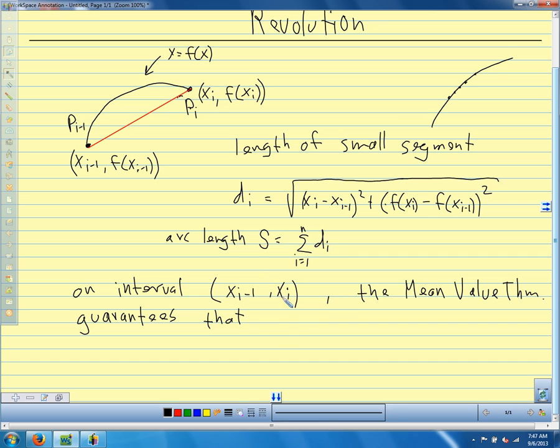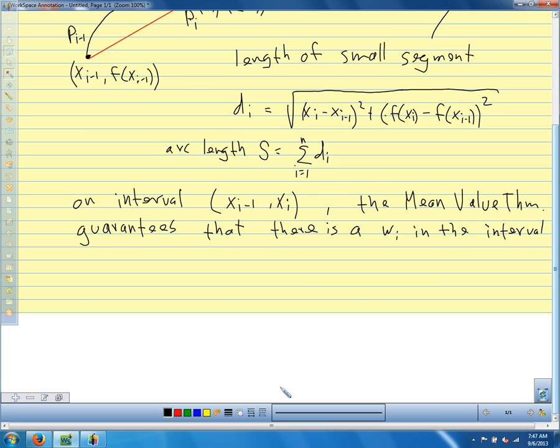So the mean value theorem guarantees us that there is a w sub i, some point in the interval, such that f prime at this point equals the slope.